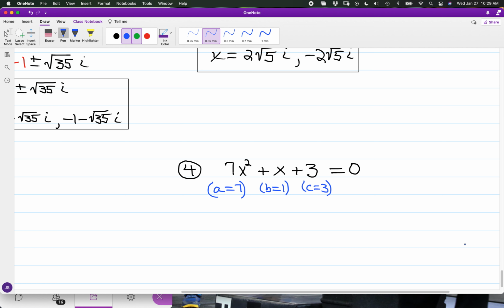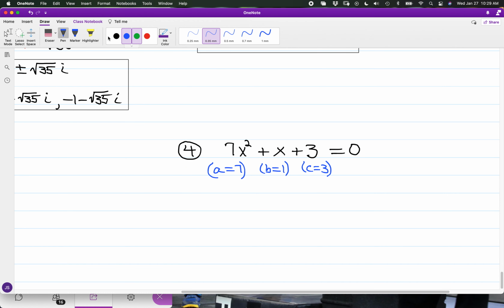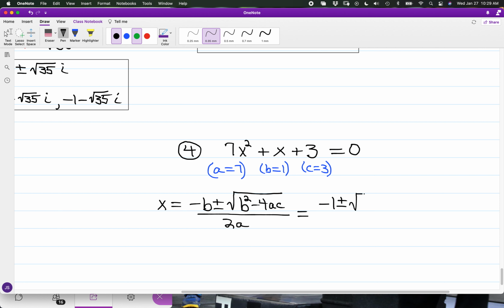And we have that c is equal to 3. And if we go with the quadratic formula on this one, for negative b, you have the negative of 1, plus or minus the square root.